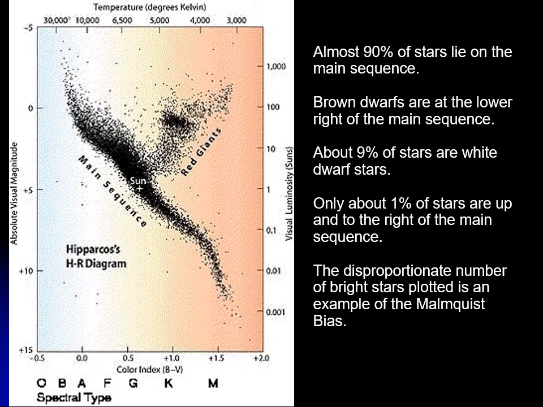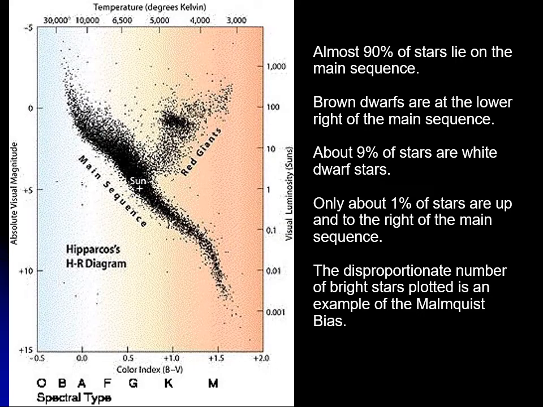Okay. The Hipparcos spacecraft measuring parallax also measured the brightness of the stars, so you can figure out the absolute magnitude if you know the distance, and so this is an HR diagram of the Hipparcos stars. Most stars are in the main sequence.